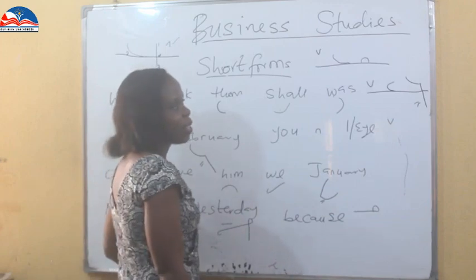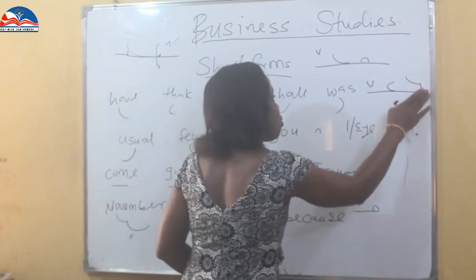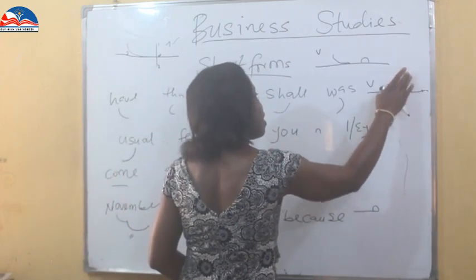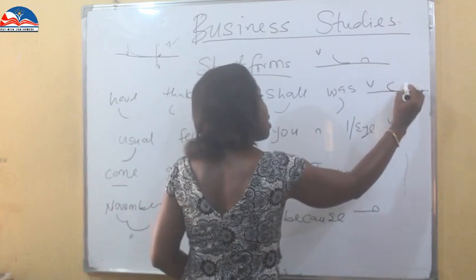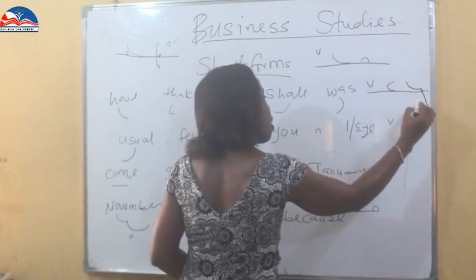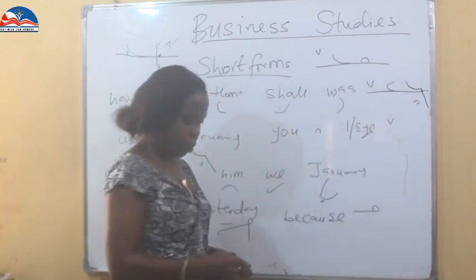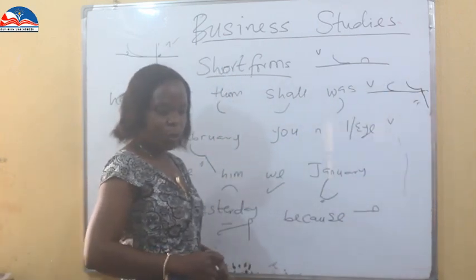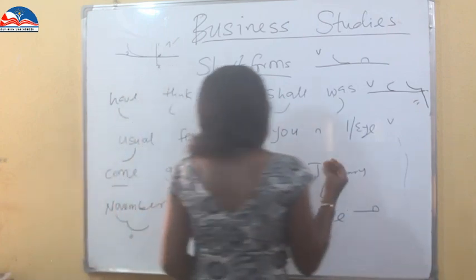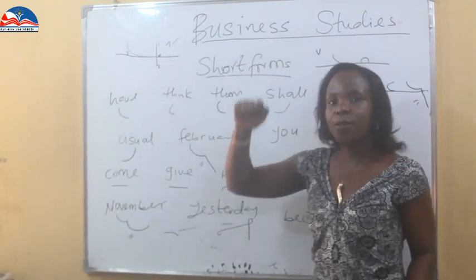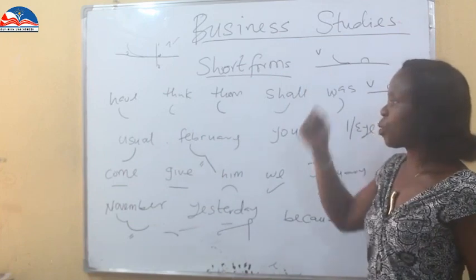You see it? Now let me write this to be more concise. I think February. You see it? These are short forms. We don't need to add our first place vowel, our second place vowel, and third place vowel.